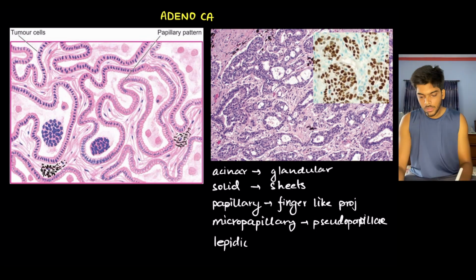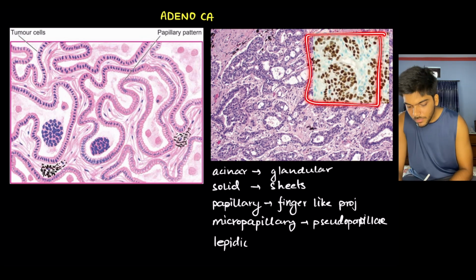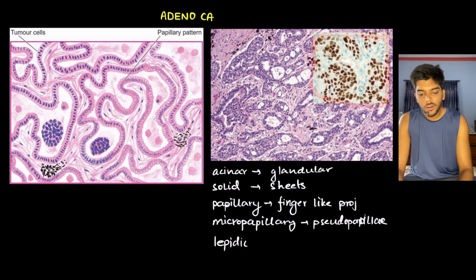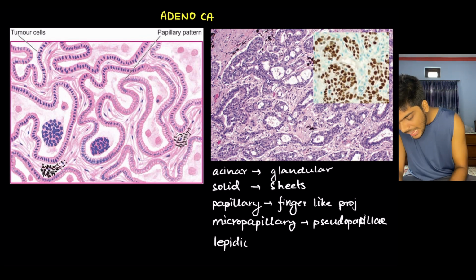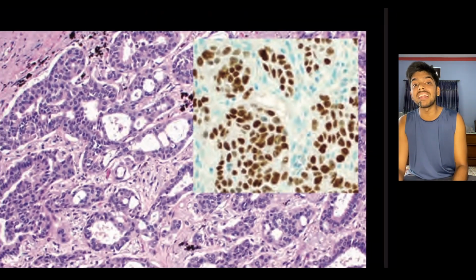Wait. So what is this? This is the microscopy of immunohistochemistry. And all these darkly stained cells that you see right here, they are the tumor cells. And the reason these tumor cells are darkly stained is because of the presence of tumor marker in them.